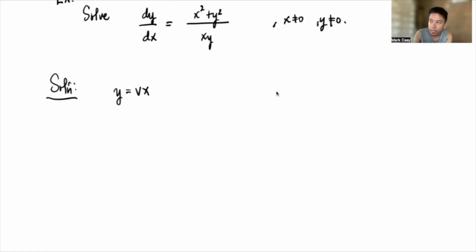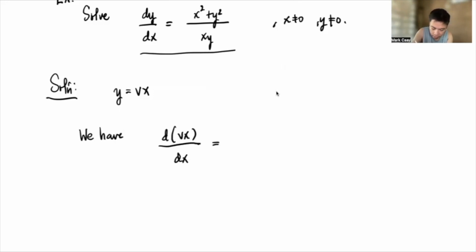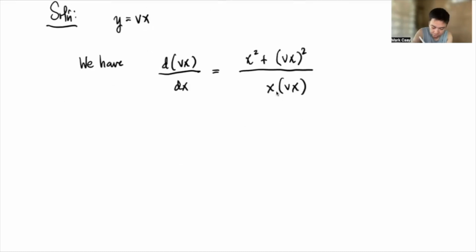So mangyayari, we now have this one, vx dx, and this is x squared plus vx squared all over x times vx. So if I'm gonna simplify this, etong left side magiging, correct me if I'm wrong, x dv/dx, derivative niya, plus v.